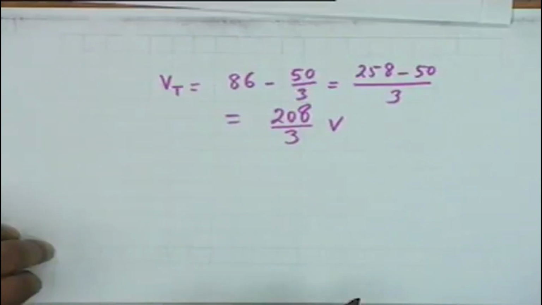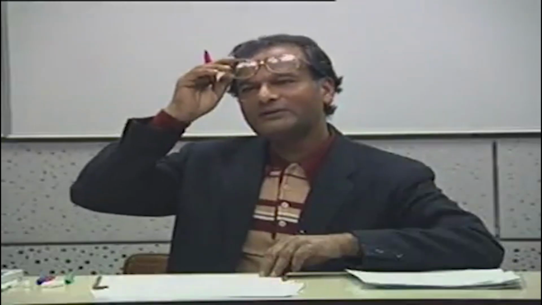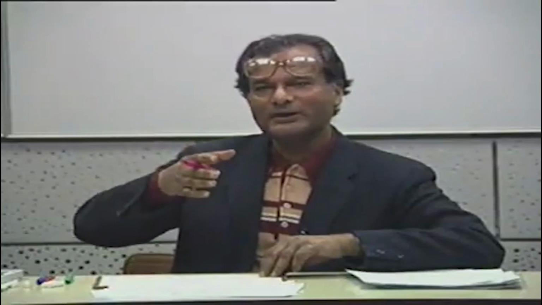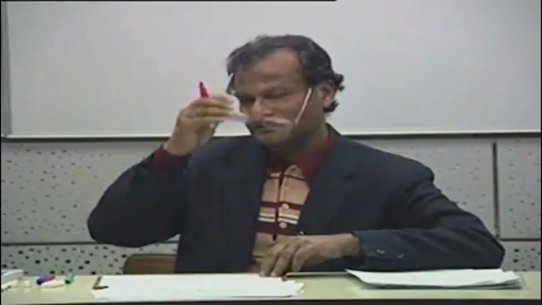That is by finding the short circuit current and also by measuring the equivalent resistance. It turns out that the second approach, namely finding the equivalent resistance by killing sources, that is, independent sources, turns out to be easier.